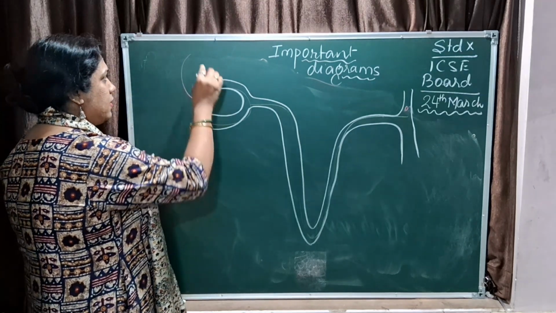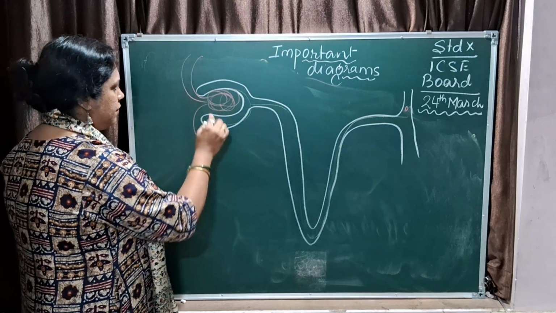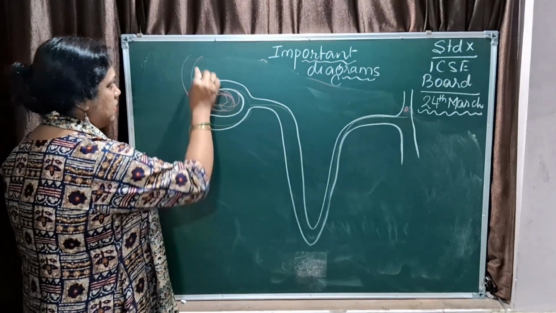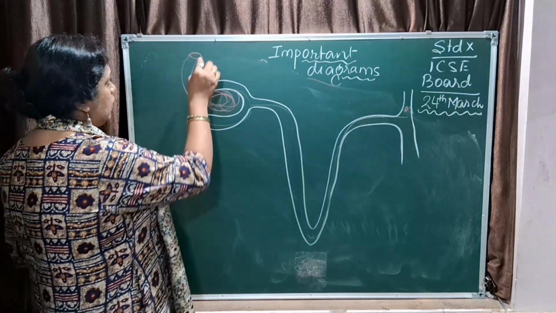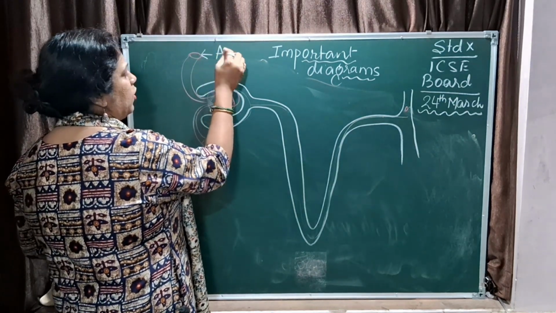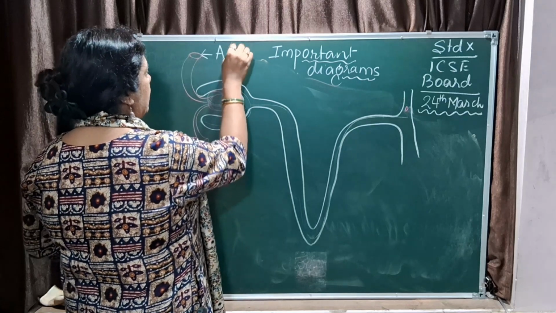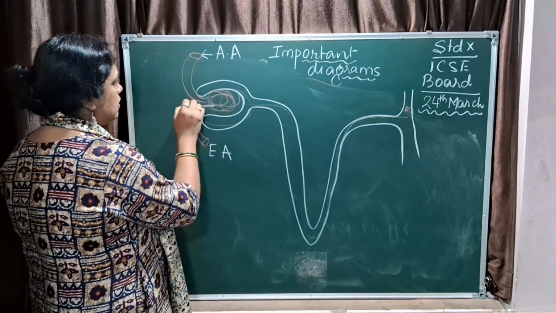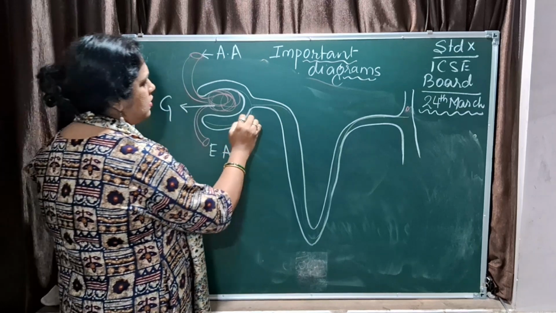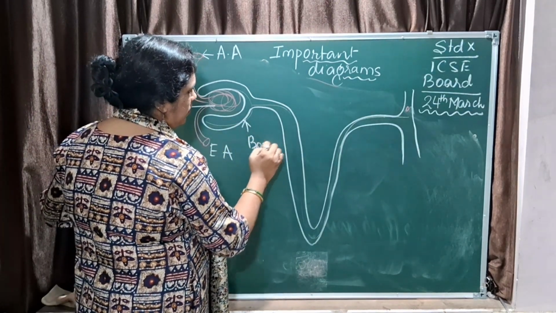The afferent is thicker and the efferent is thinner, as I have told you in the previous diagram. So this one is the, I am not writing the full name, children, you are requested to write the full name. Afferent arteriole, this is the efferent arteriole, this is the glomerulus, this is the Bowman's capsule.